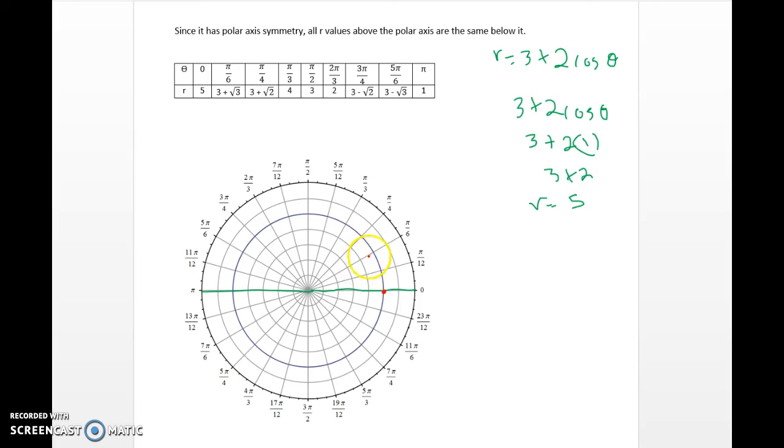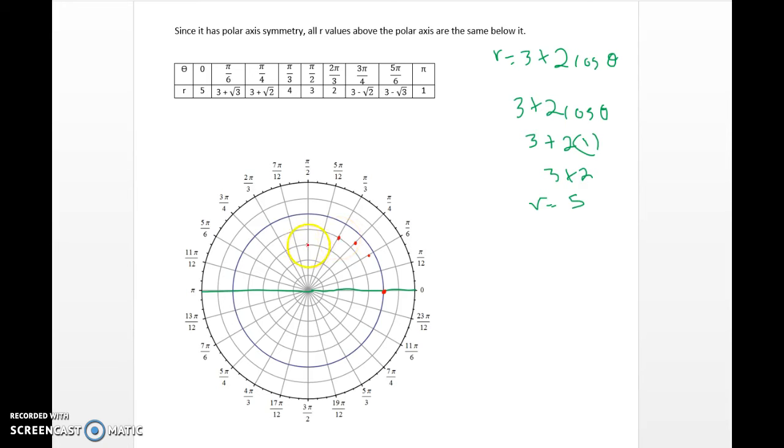So almost 5. When theta is pi over 4, r is 3 plus root 2, or 4.4. So that's going to be about here. When theta is pi over 3, r equals 4. When theta is pi over 2, r equals 3.